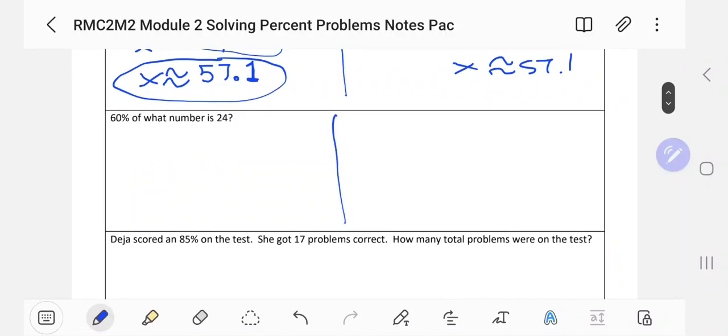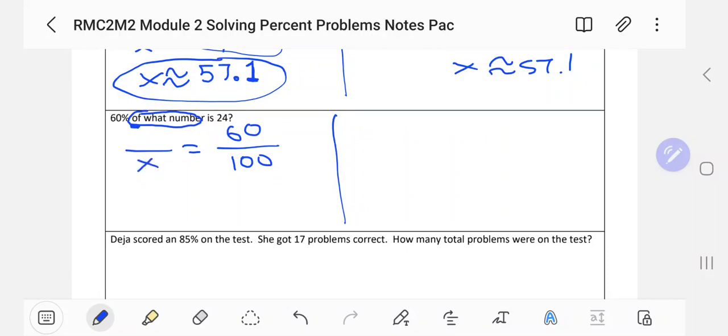Let's read it. 60% of what number? So let's go with the proportion. 60% of what number is 24? We see the word of, and right after that we see the words what number. So that means it's our variable.